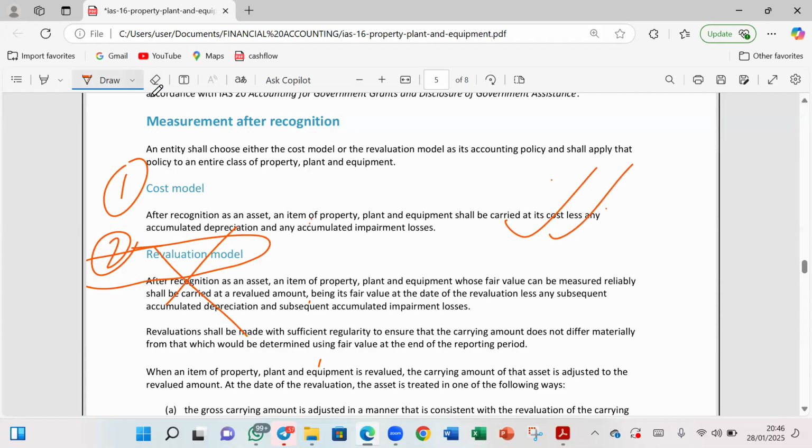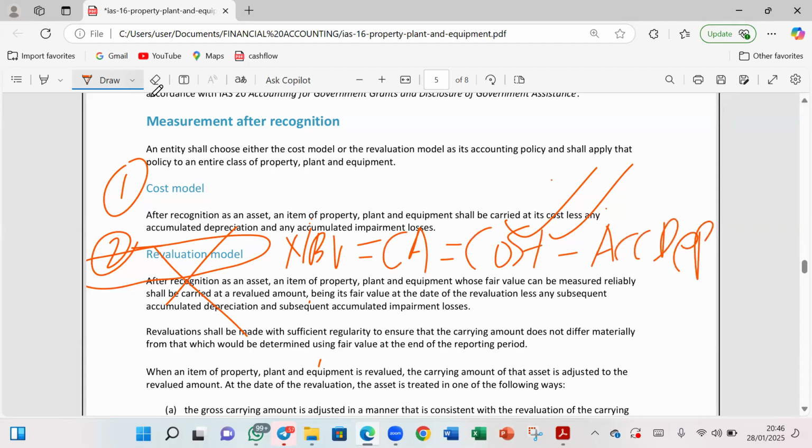After recognition of an asset, an item of PPE, plant and equipment, shall be carried at cost less the accumulated depreciation. So the net book value, or the carrying amount, shall be obtained by taking the cost, less any accumulated depreciation. That one is okay.